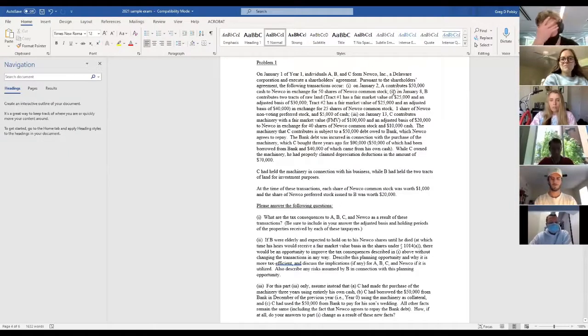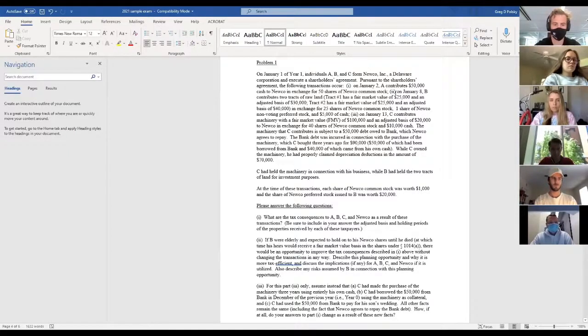B is contributing two properties. Each has a built-in loss. And so, if you're issue spotting here, when you have a contribution of property with a built-in loss, we have to at least consider 362(e)(2), which is going to affect the corporation's basis.